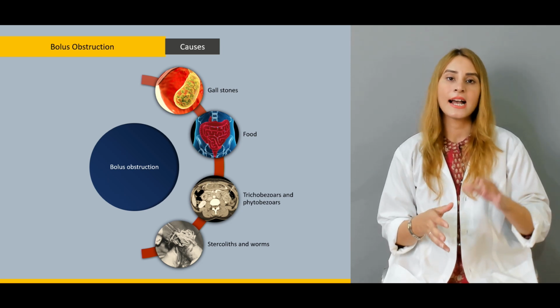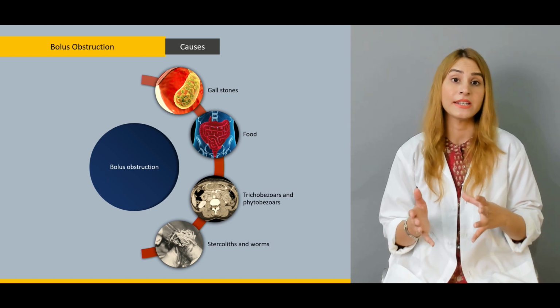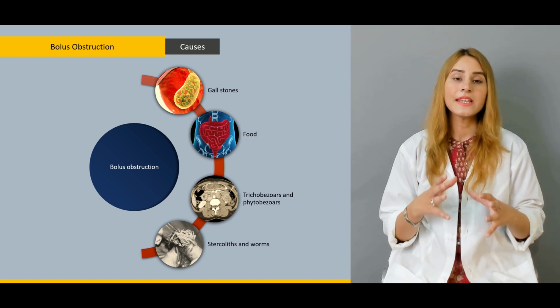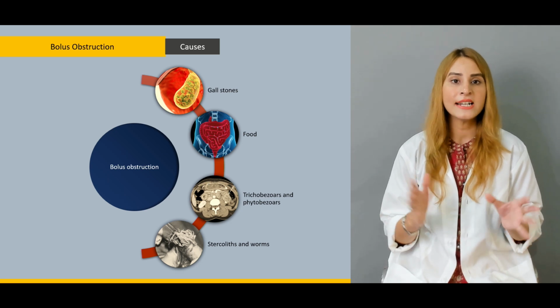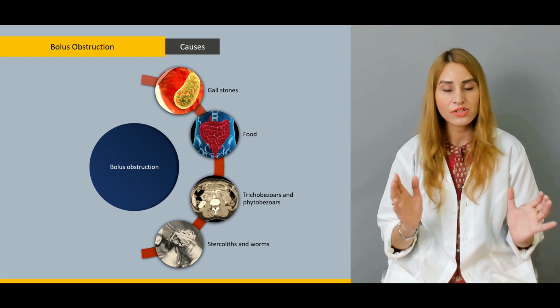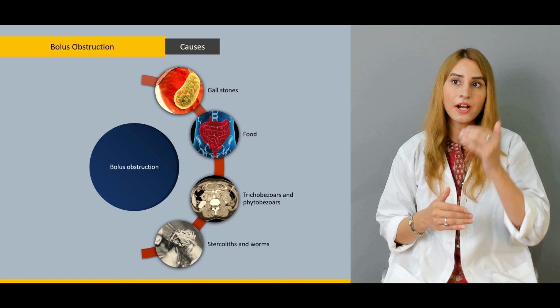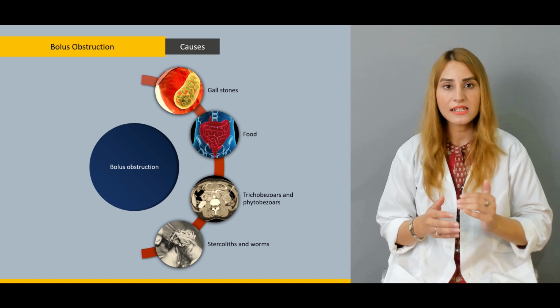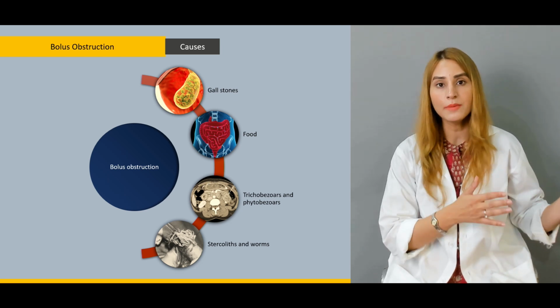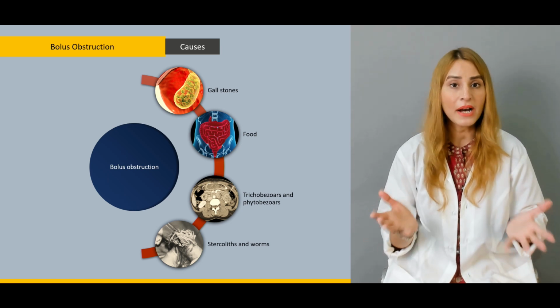There are a lot of hepatic sinusoids and hepatic acini, and they combine to form the right and left hepatic ducts, and the right and left hepatic ducts combine to form the common hepatic duct. And the common hepatic duct and the cystic duct, which is coming from the gallbladder, combine together and form the common bile duct.